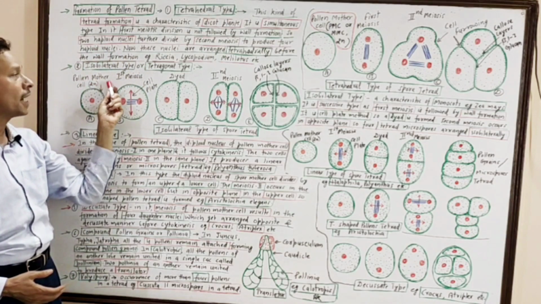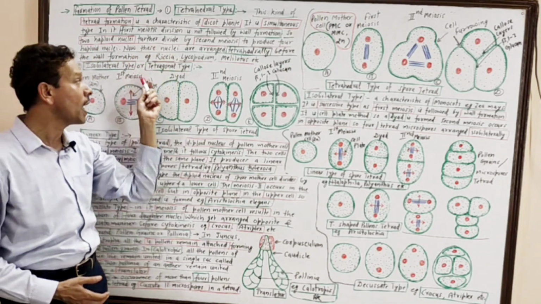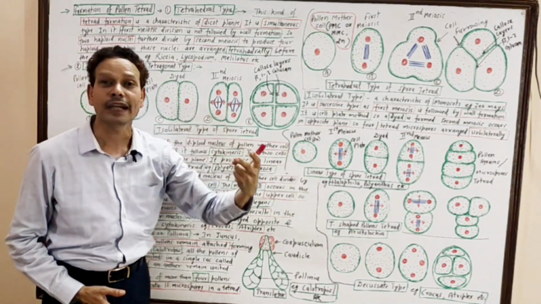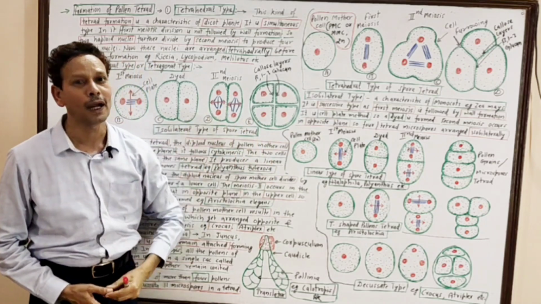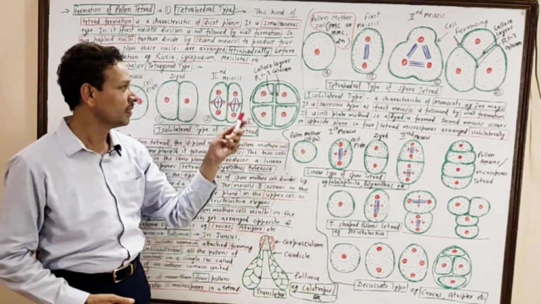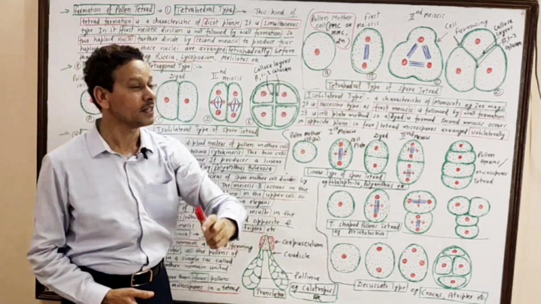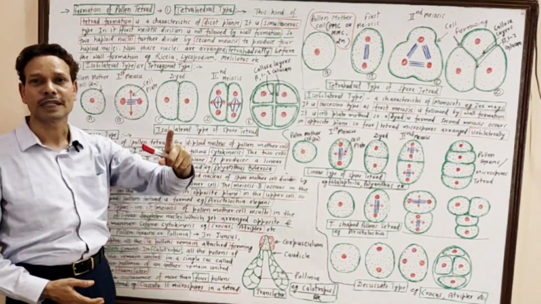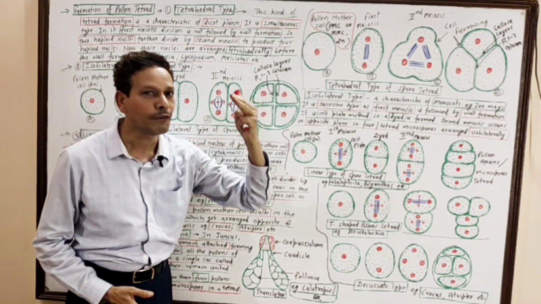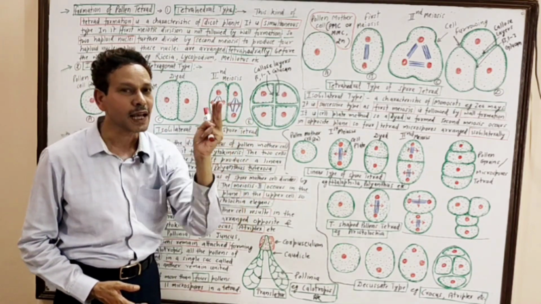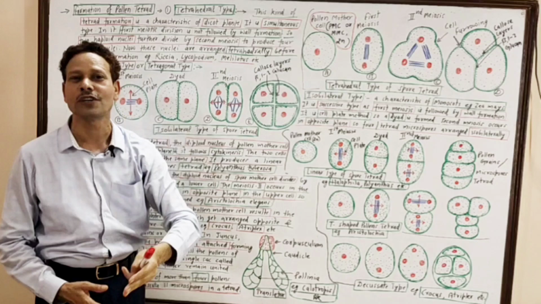Second type is isobilateral type or tetragonal. That is a characteristic feature of monocot plants like maize. Dear students, it is successive type. It means after each meiosis, after the formation of nuclei, cytokinesis, cell wall formation occurs.